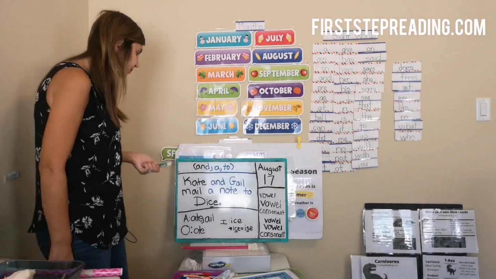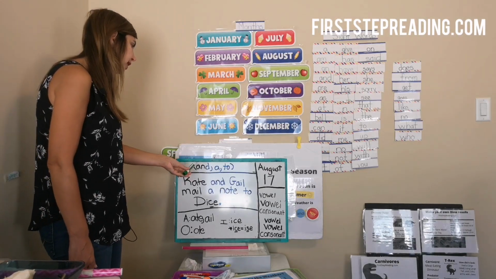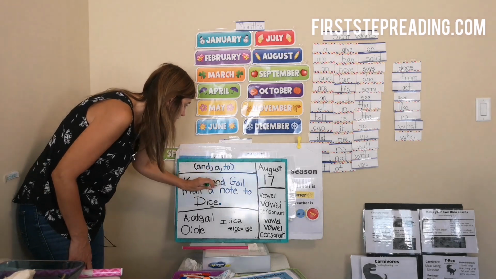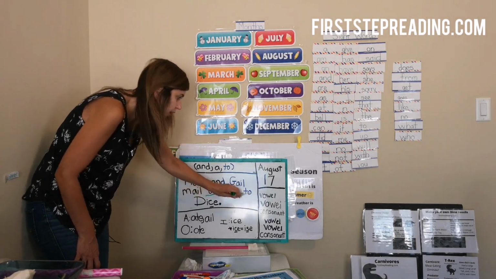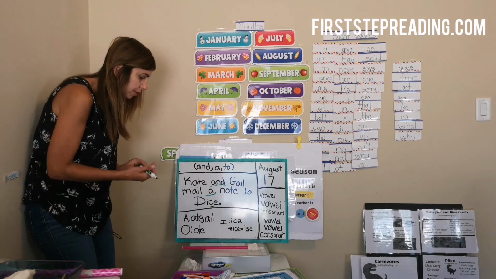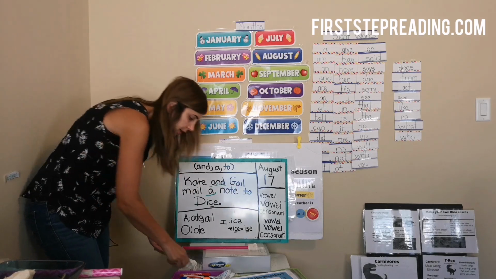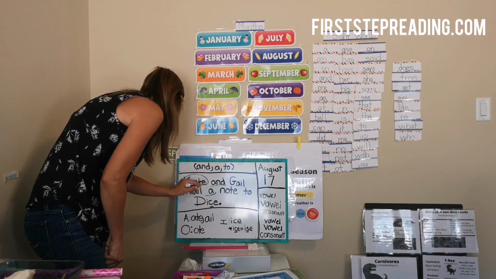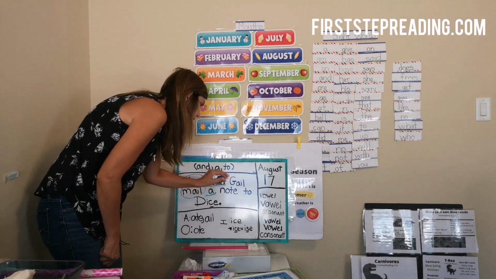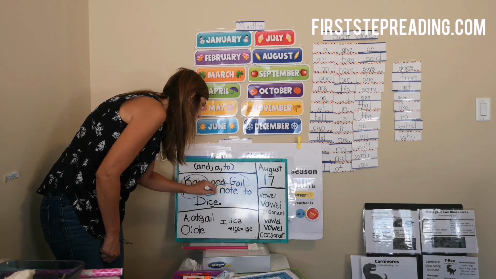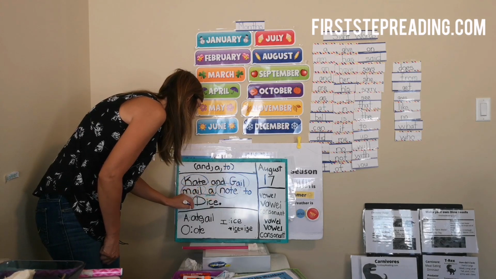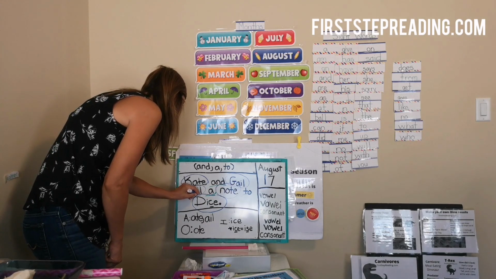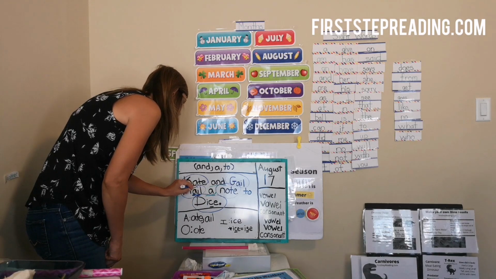Memorize these words. Okay, our sight words today in the sentence are and, a, and to. I should know these words because they're sight words. Every other word is a phonics word. I can sound it out. Okay? And since this is long vowels, I will underline my vowels because the first vowel is going to say its name.